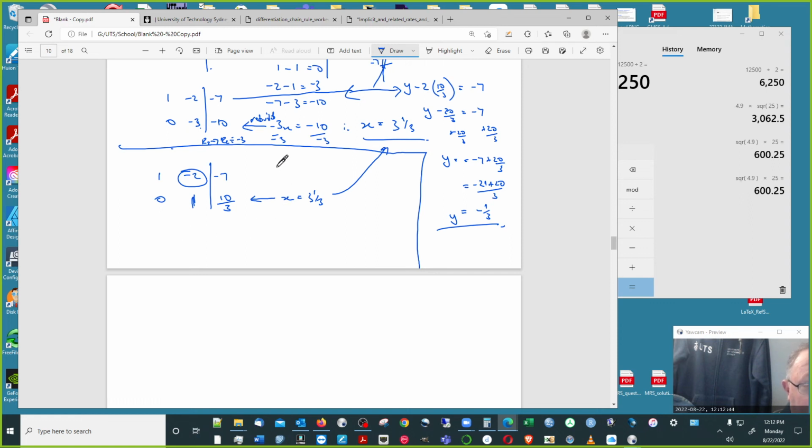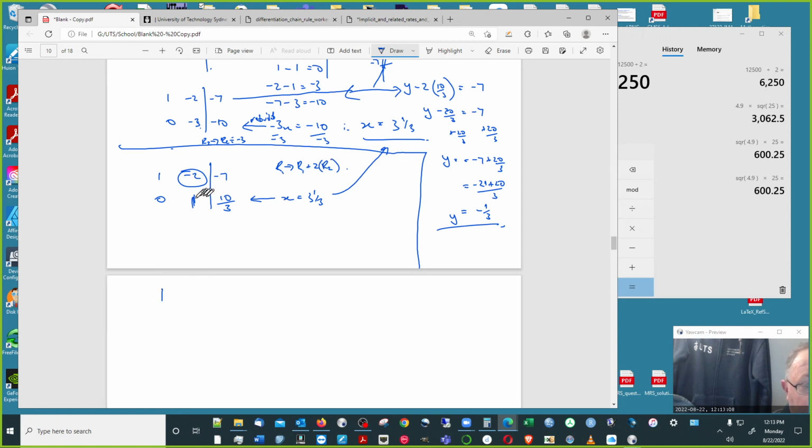So what we'll do here, row 1 is going to become row 1. What are we going to do? We're going to add 2 times row 2 to it. So 2 noughts are naught, 1 plus naught is 1.